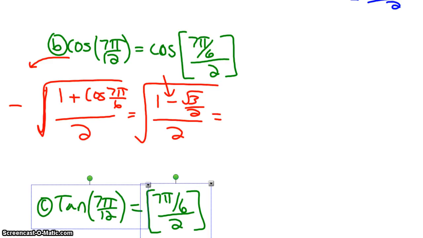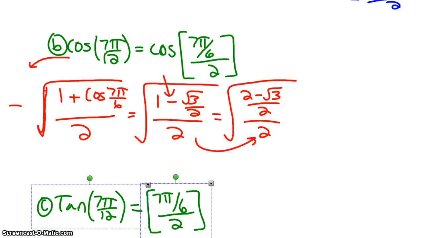So, working this out, rationalizing the numerator, I have 2 minus radical 3 all over 2, all over our 2 in the denominator. And I'm sorry, I need to carry through my negative. I have a negative radical of 2 minus radical 3 all over 2.